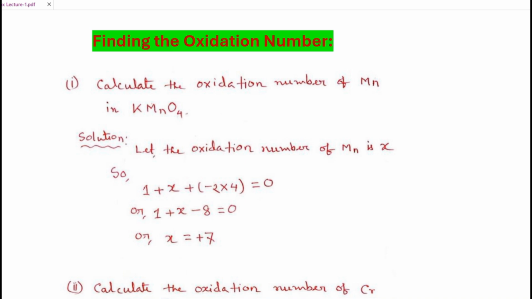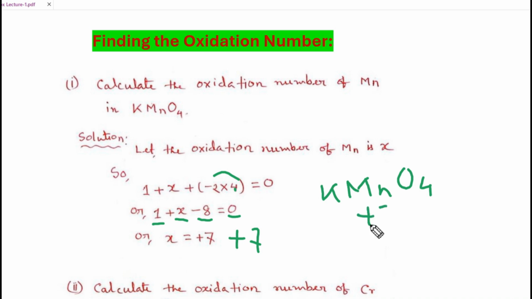If you solve it, 1 plus x, 4 times minus 2 is minus 8, equals 0, x equals plus 7. That means in KMnO4, potassium permanganate, the oxidation number of manganese is plus 7.